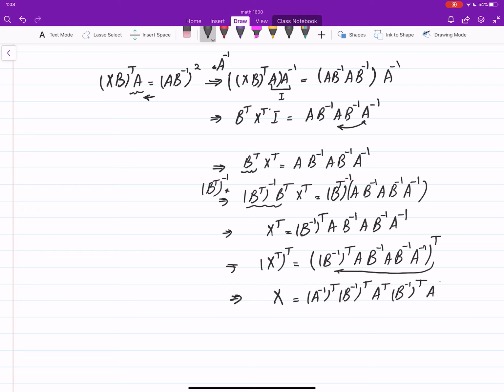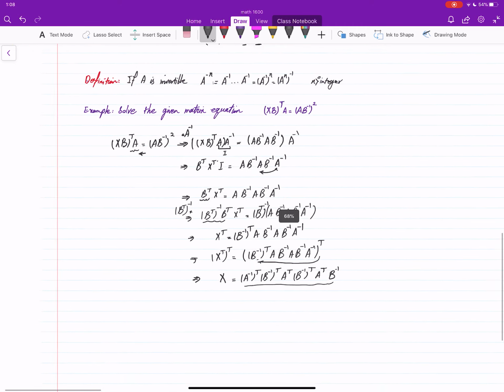I know it is a little bit huge, but you have to be careful. Here, the last one is B inverse transpose, where the transpose of transpose cancel each other, and then you get the result. I know you may want to commute these and write one expression, but you cannot, because you don't know if A and B are commuting matrices. AB need not be equal to BA.